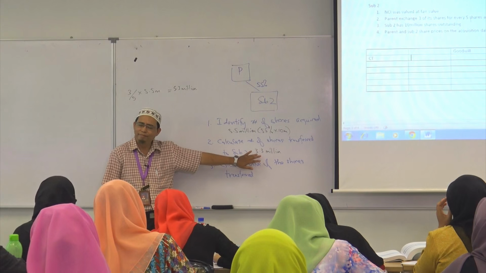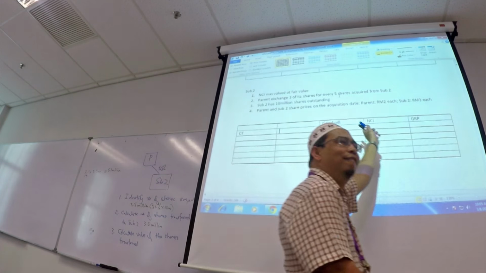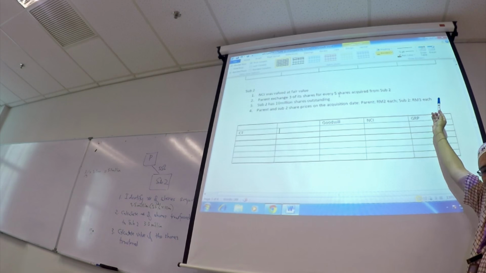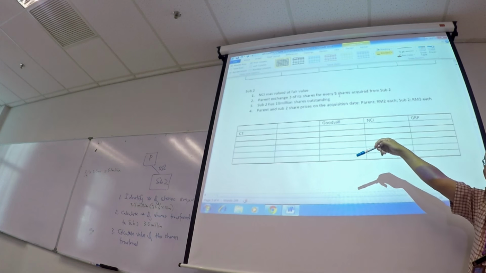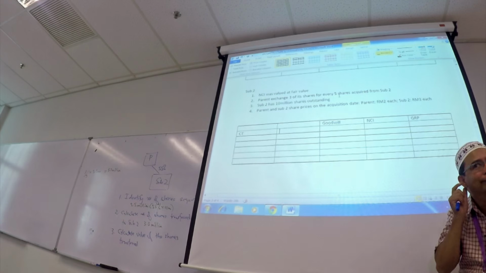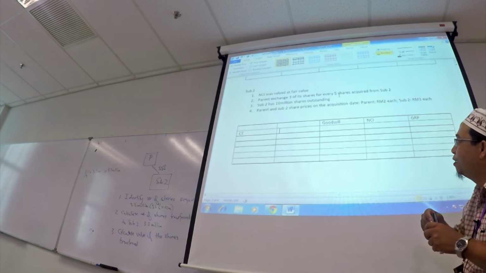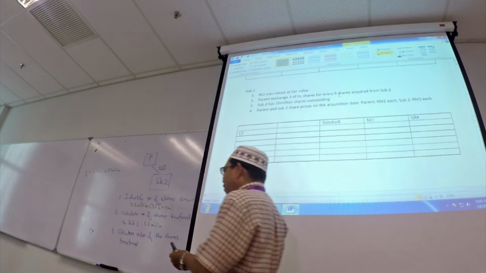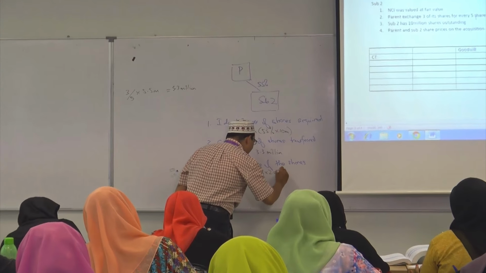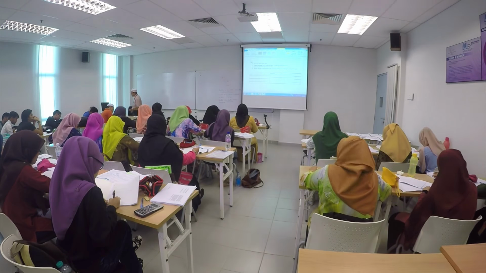The parent value is $2, the subsidiary is $3. So now that 3.3 million, whose share is it? The parent share or subsidiary share? Parent share, isn't it? So what's the parent share? 2 each. Okay, very good. So 3.3 times 2 is 6.6 million ringgit. Then only this 6.6 million is written here.